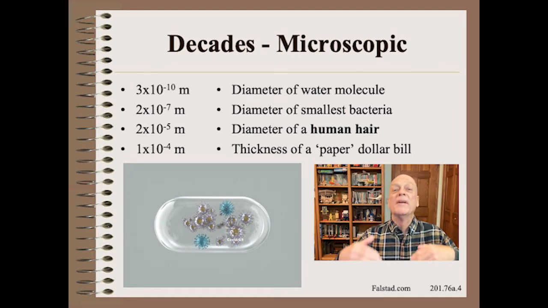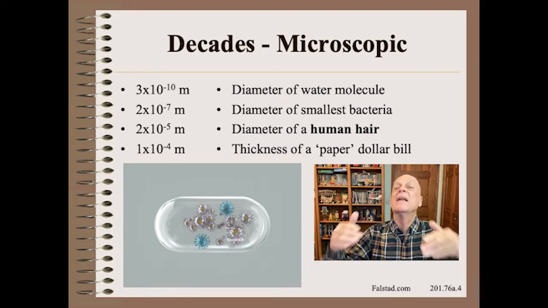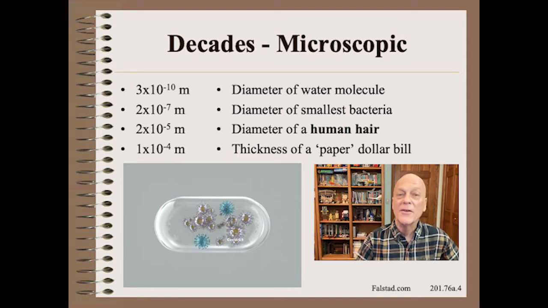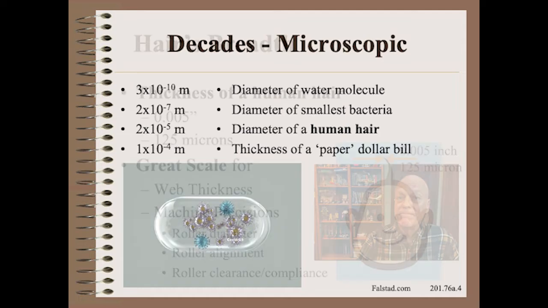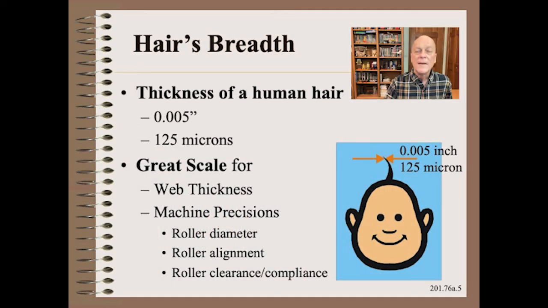If we jump up in size many orders of magnitude, we get lengths that are microscopic. Let us momentarily pause our journey through decades at a very important size. That is, the thickness of a human hair, which is about 5 mils or 125 microns.